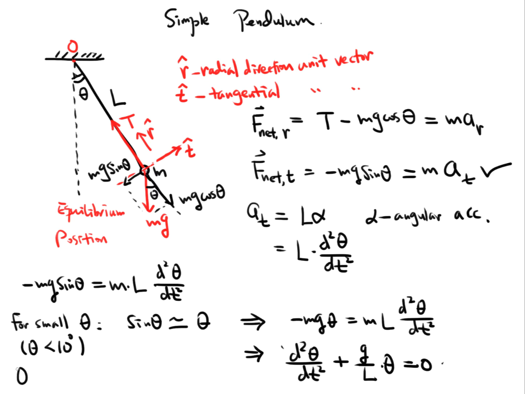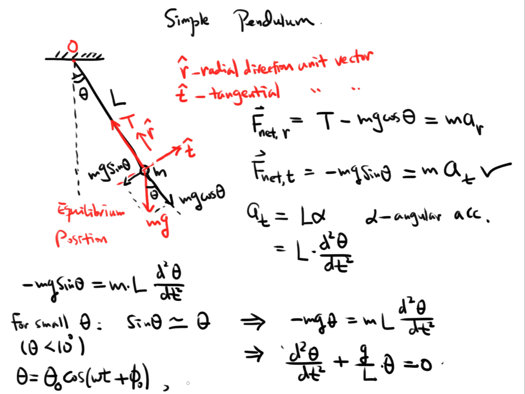And its solution is theta equals theta naught, which is the initial angle that we pull the string to, and this initial angle is also the amplitude of the simple harmonic motion. So theta naught times cosine of omega t plus phi naught.